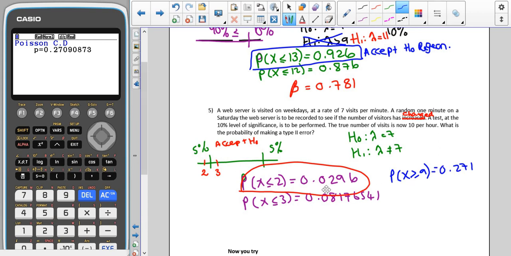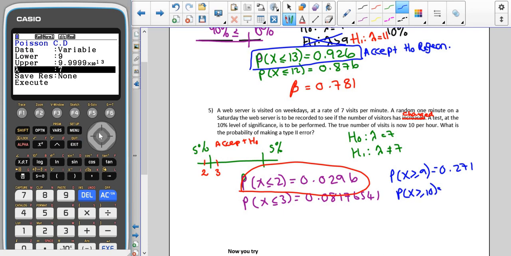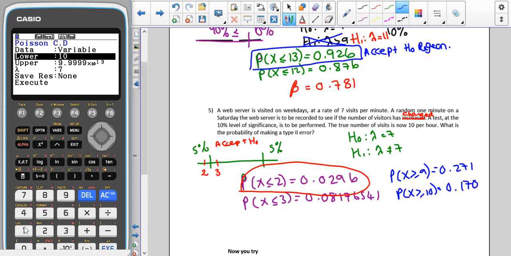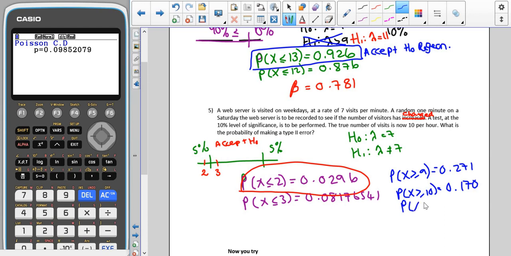So let's try greater than or equal to 10. I need a bigger number. So that gave me 0.170, still too big. Let's try 11, which gave me 0.0985.